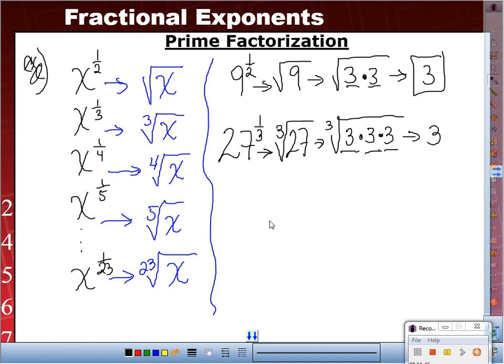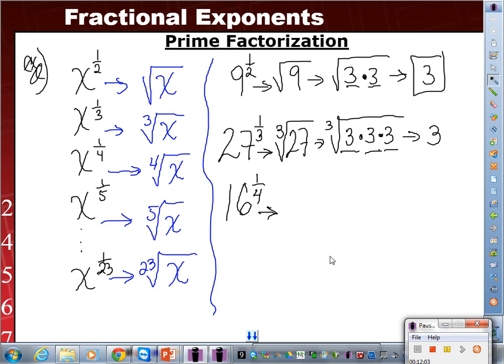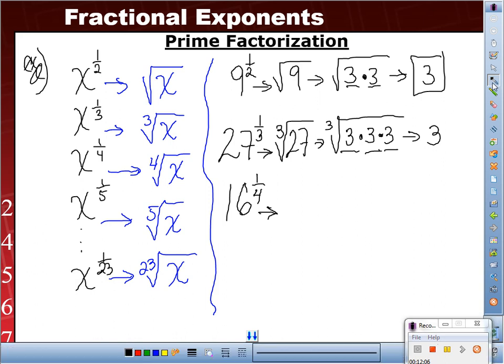How are you doing? Do this next one by yourself. I'm going to give you about 20 seconds. 16 to the 1/4. Let's see what you get. Go. Okay. The correct answer for this one was 2.